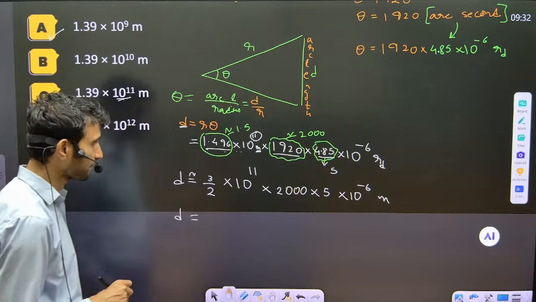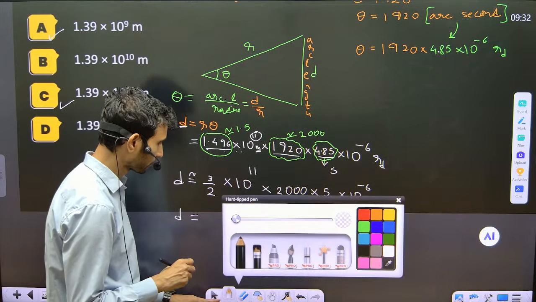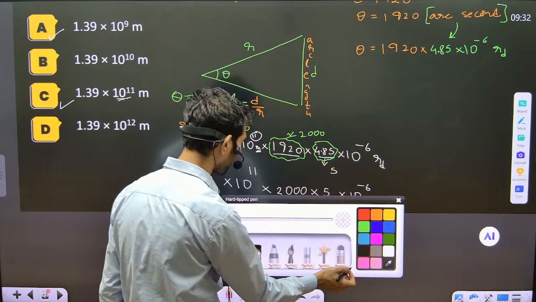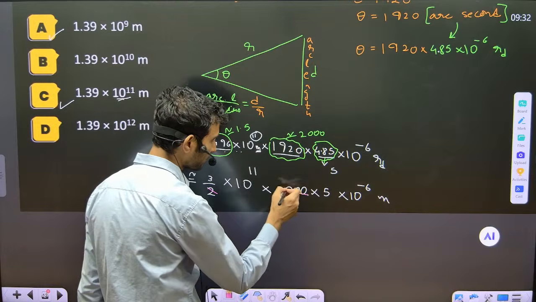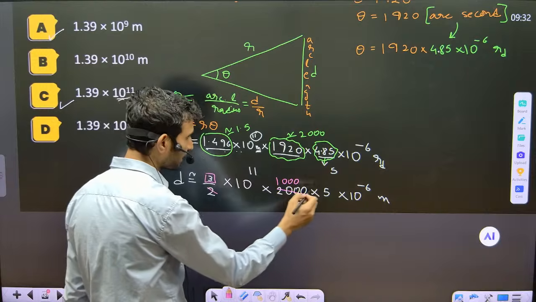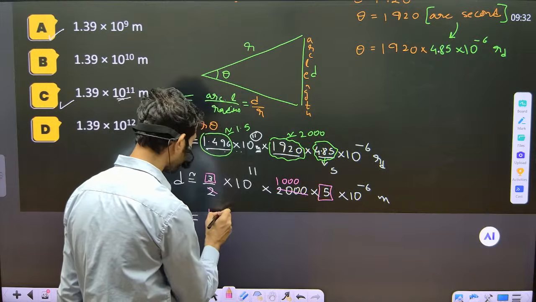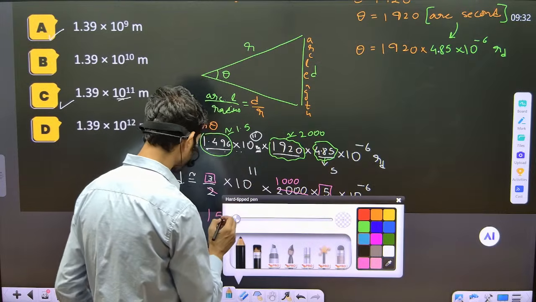So let's see what it comes out to be. This 2 gets cancelled with this, making 1000 here. And this 3 and this 5 will become 15. And now let's collect the powers.